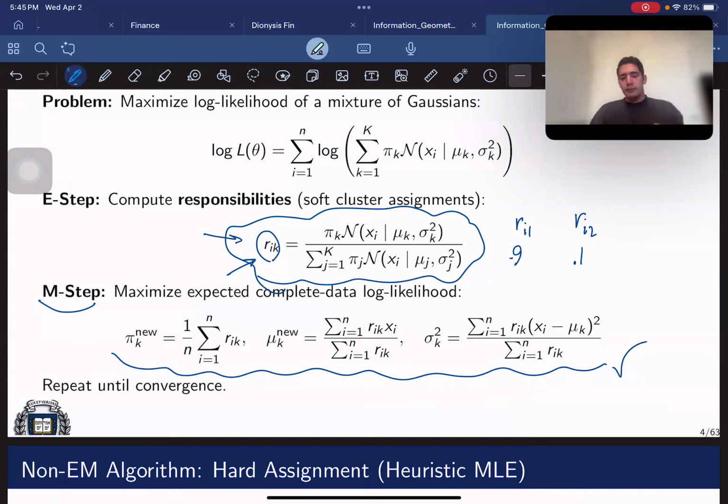Just to make it clear what R sub ik calculates, it calculates the likelihood of data point i coming from distribution 1 versus coming from distribution 2, normal distribution 1 and normal distribution 2. Hadi, is that clear? Okay.